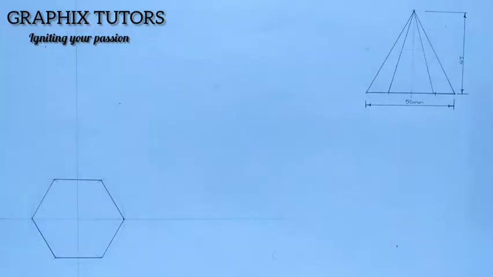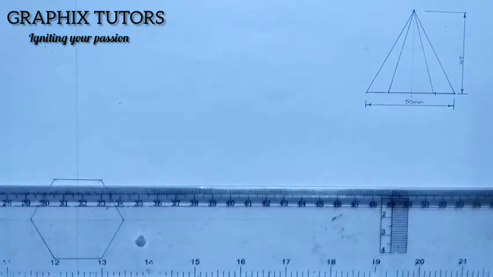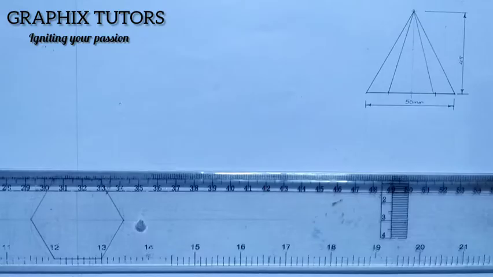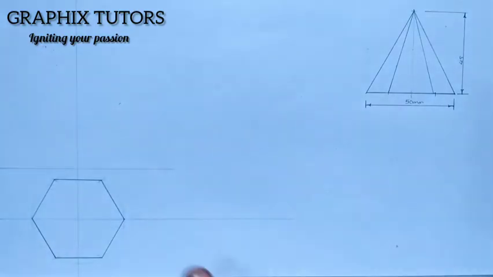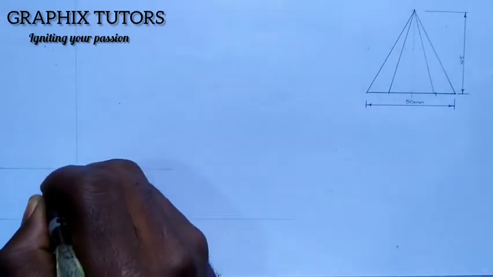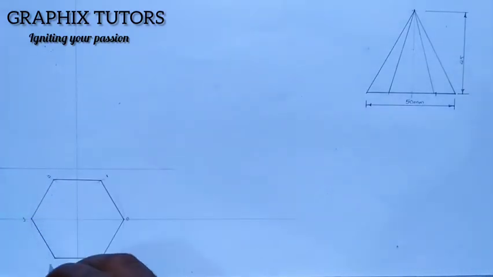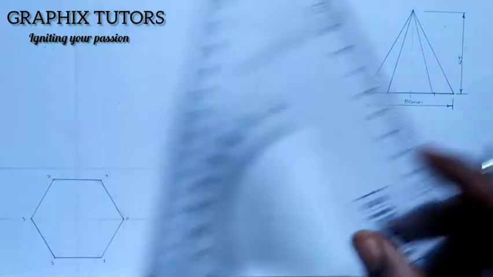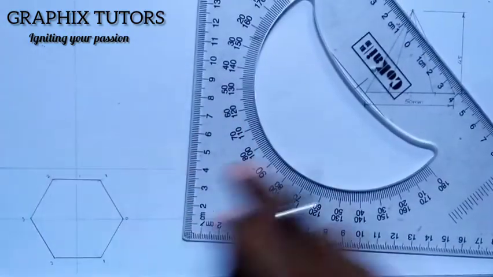Now the next thing I will do is, just like I did earlier, I will draw a line, just a faint line first, like this, right? And I'll project. Let me say this is my 0, 1, 2, 3, 2, 1, because a hexagon has 6 sides. So from here, I'll project those points to this line here.